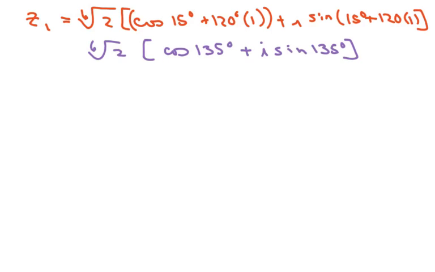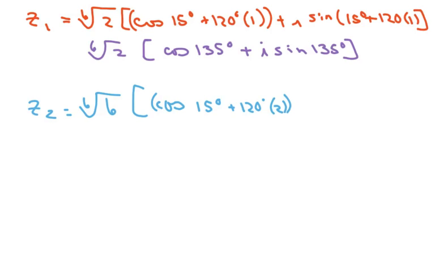All right. And our last one, we have the 6th root of 2, and then we have cosine of 15 degrees plus 120 degrees times 2, plus i times sine of the same thing, basically.